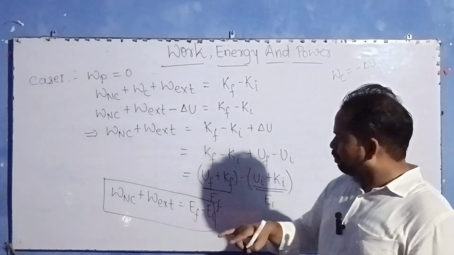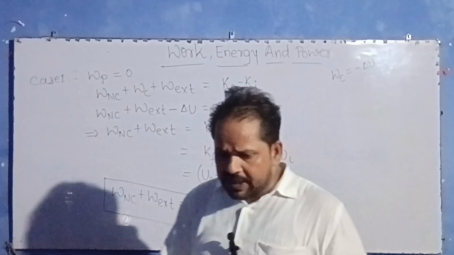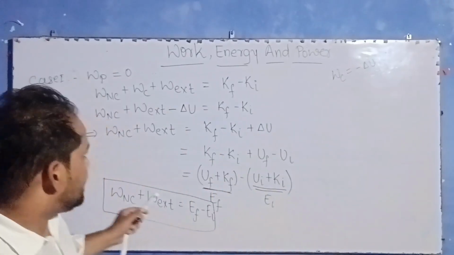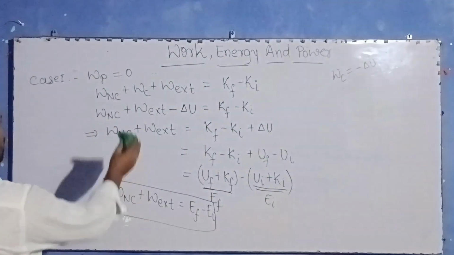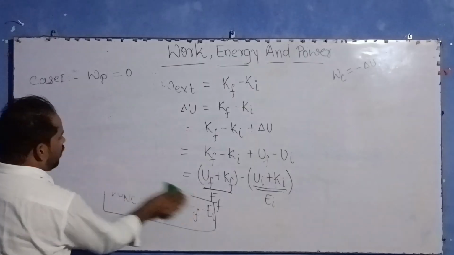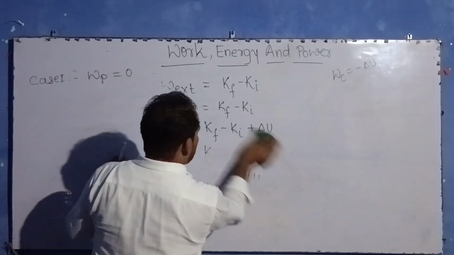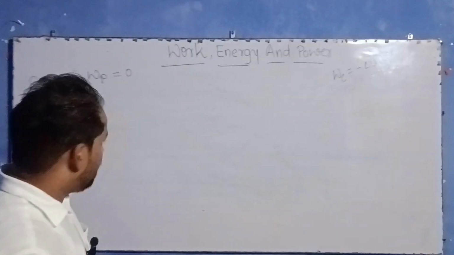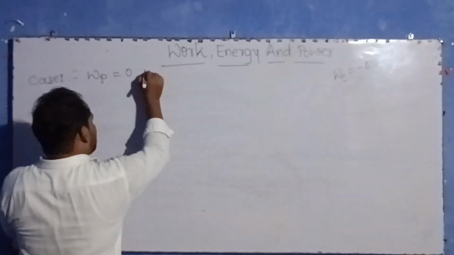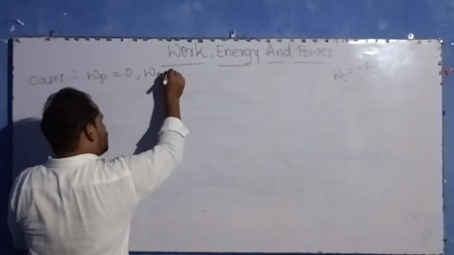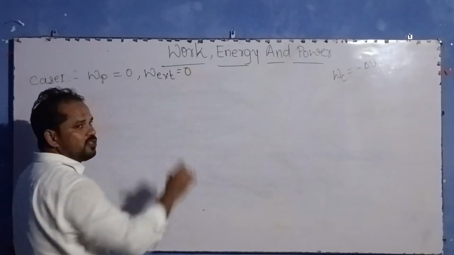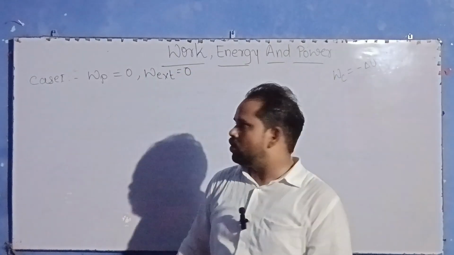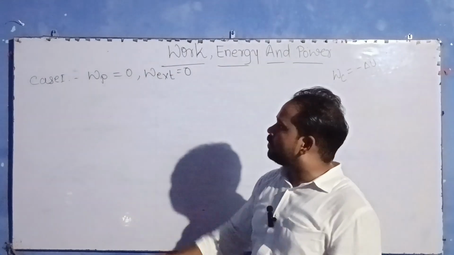Further, it is also possible that there is no external force present. So the theorem simplifies as work done by external is also equal to 0. Since there is no external force, work done by external is 0.